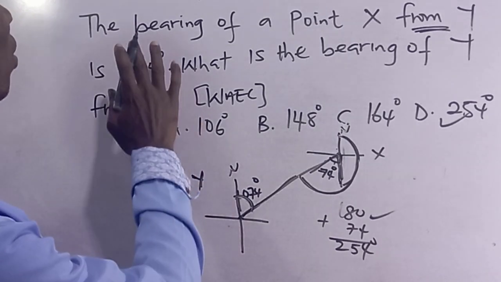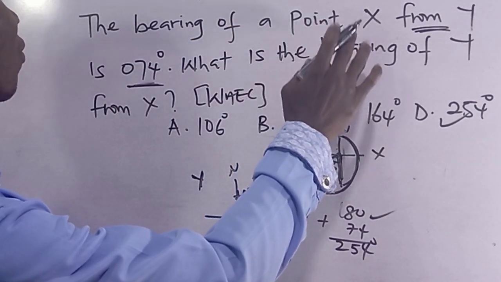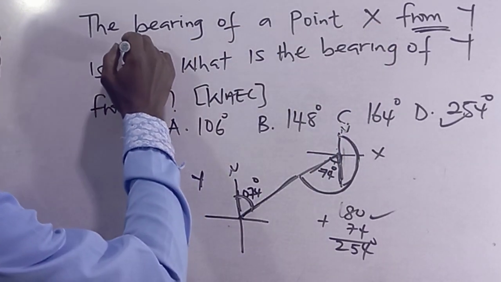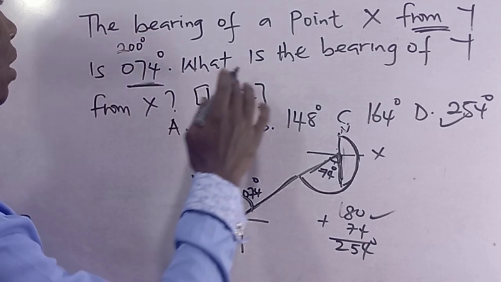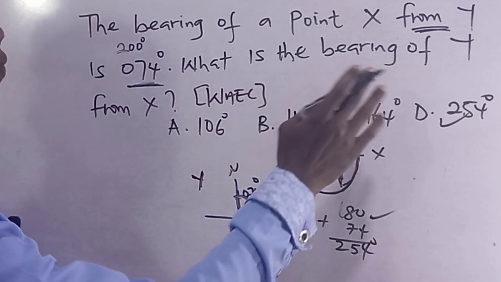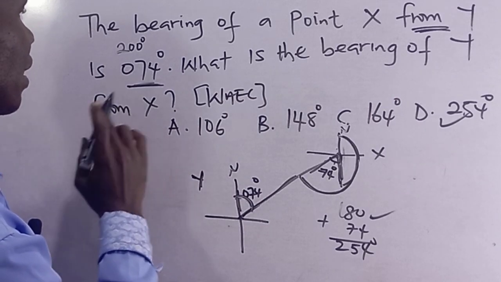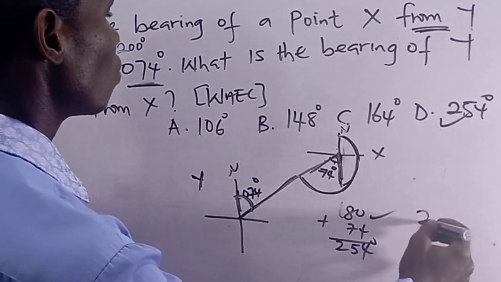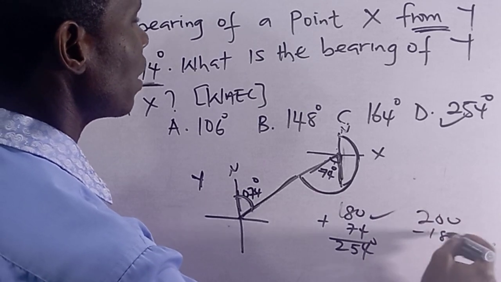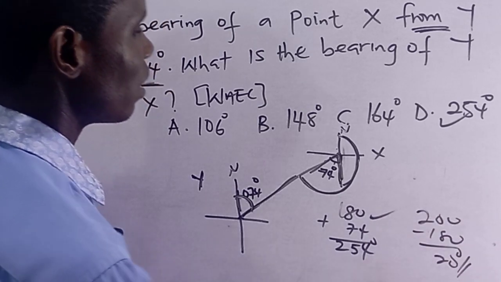So if this question was, the bearing of point X from Y is 200 degrees, what is the bearing of Y from X? The bearing of Y from X would have just been 200 minus 180, and that gives us 20 degrees.